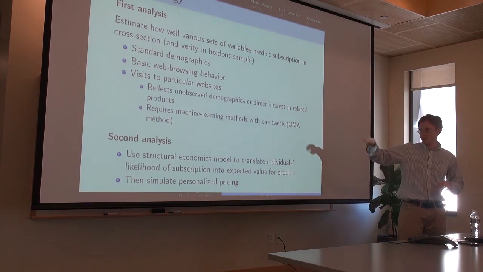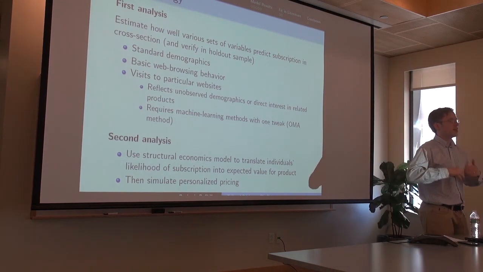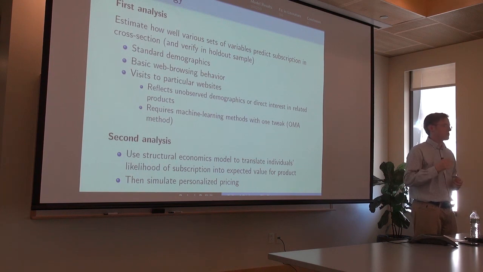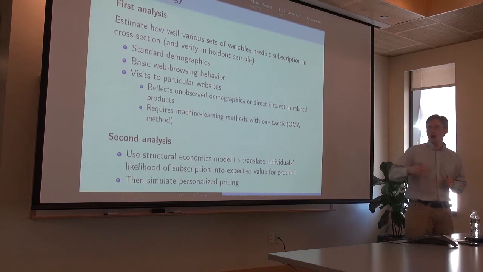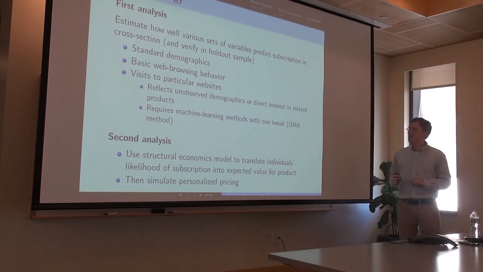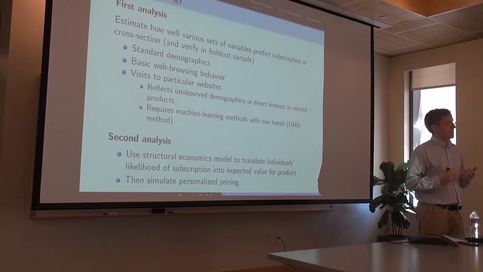I'll explain what those variables are later, and visits to particular websites. And the idea about the websites is that they might contain several types of information which could be useful for figuring out how much a person was willing to pay for that. So it could reveal direct interest in related products. That's one way. It could also reveal sort of unobserved demographics.